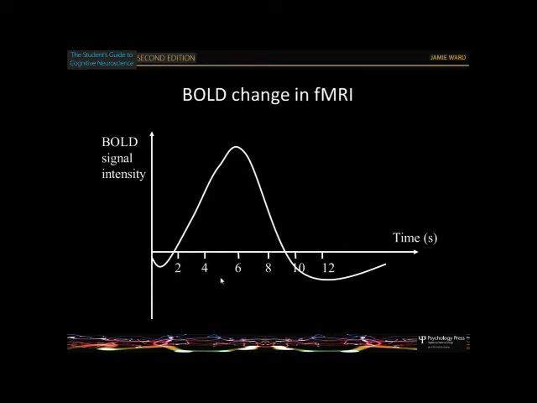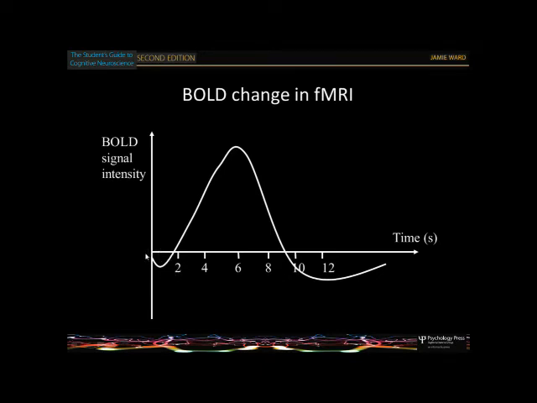So you can see it's got these three different things here. So imagine that this is a part of the brain that responds when you show faces, and at time 0 you show a face to the person. What happens here is that the neurons respond to the face, they use lots of energy, and they convert oxyhemoglobin to deoxyhemoglobin, and that is this little bump here.